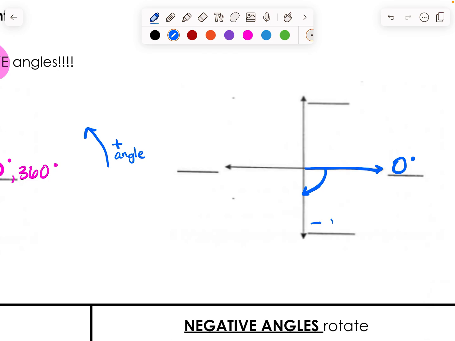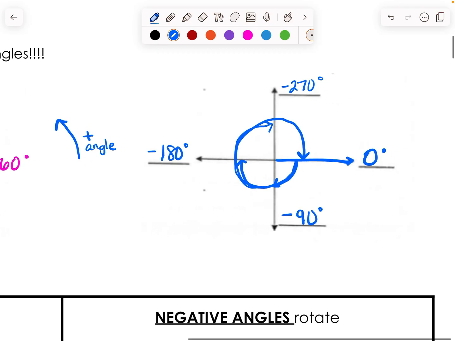So this is negative 90. We're going to keep going. You get the idea. Negative 180. Negative 270. Negative 360, and it keeps going on and on.